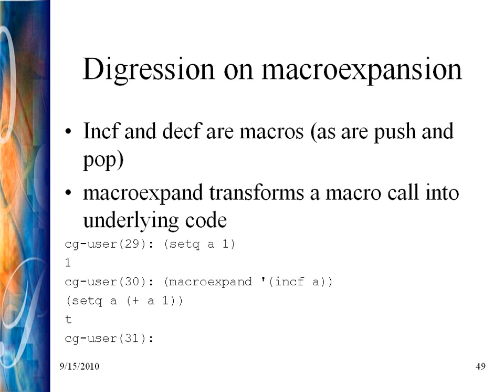So incf and decf are macros, as we said, as are push and pop, and indeed setf. The function macroexpand transforms the macro call into the underlying code. So here we have setq, we're setting the variable a to 1. What does incf do?